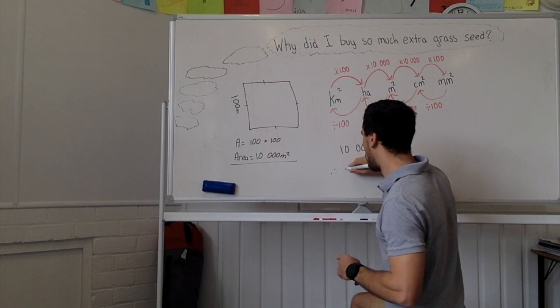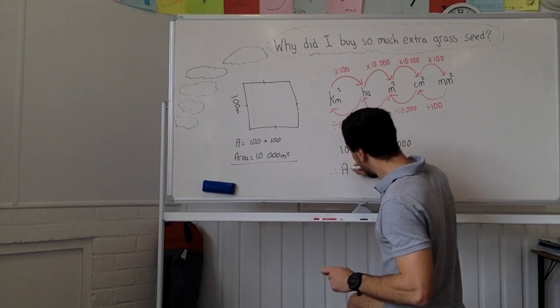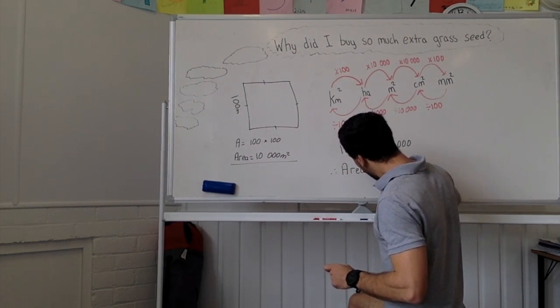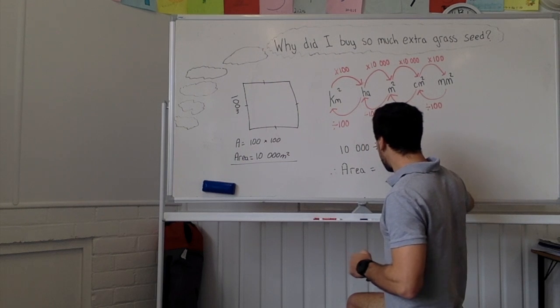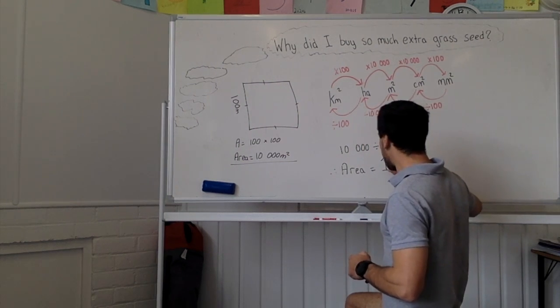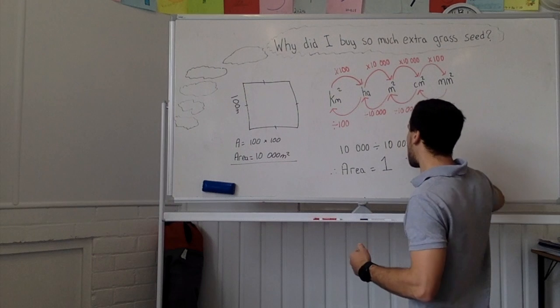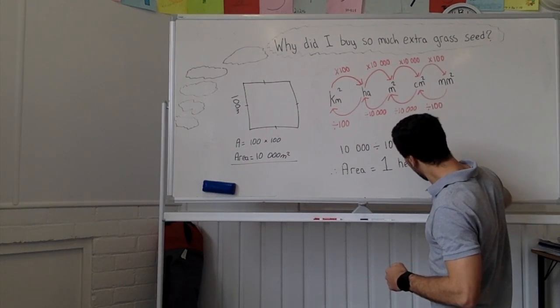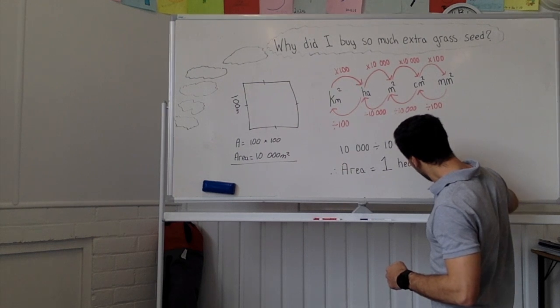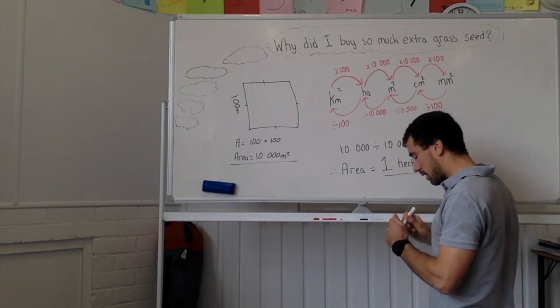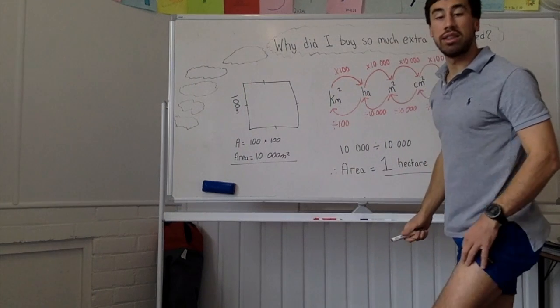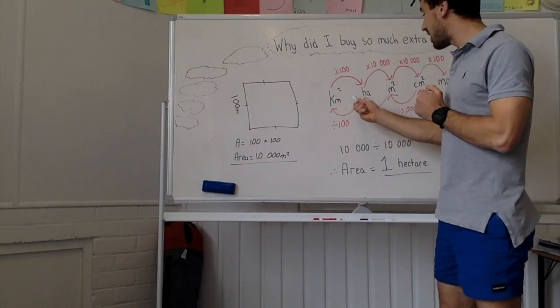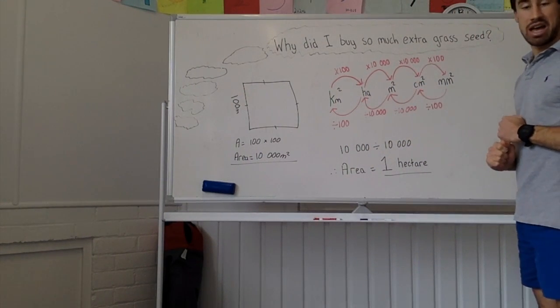Therefore, area equals 10,000 divided by 10,000 is 1 hectare. Alrighty, that is how we convert between our area units.